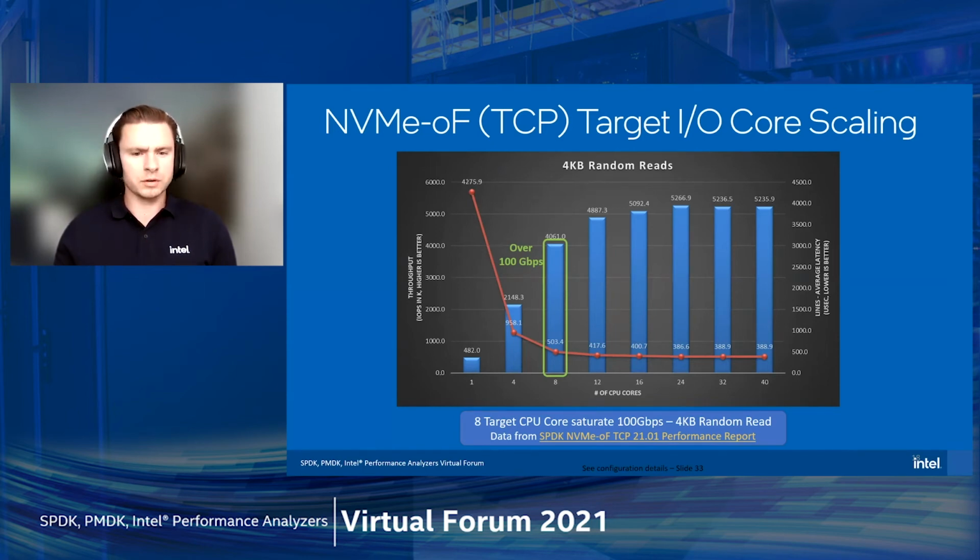As you can see in the chart, for 4K random read workloads, the performance scales nicely with addition of CPU cores up to 8 cores, which is more than enough to process 100 gigabits of traffic. And further adding additional CPU cores brings us very close to processing nearly 200 gigabits per second.